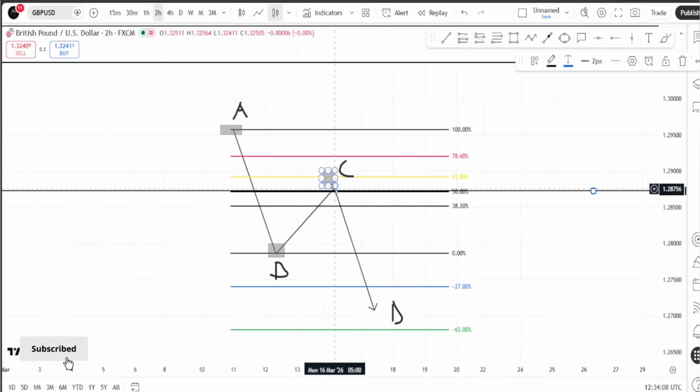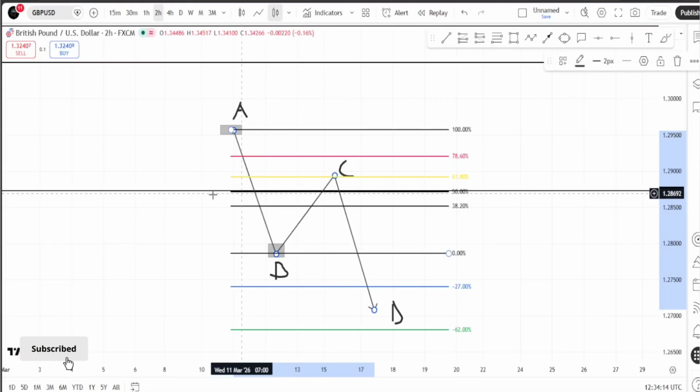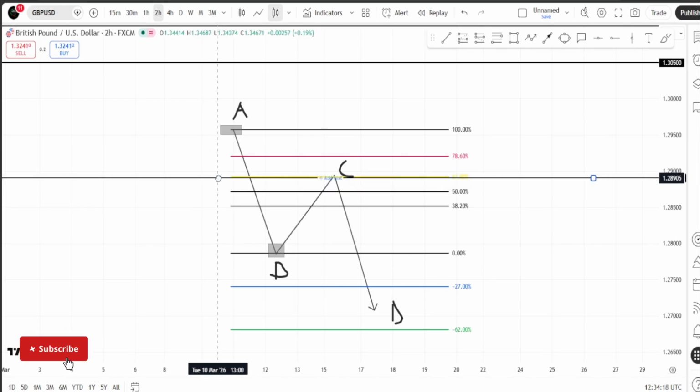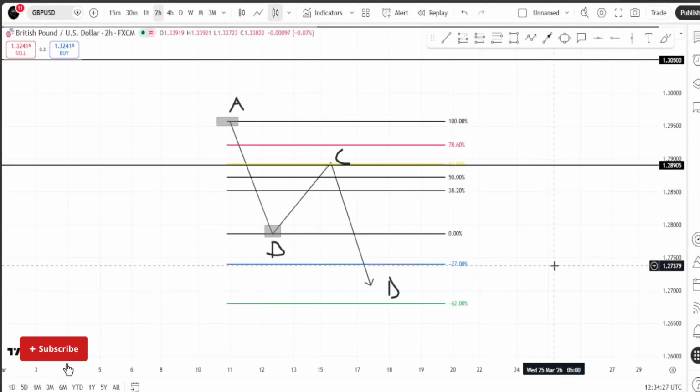And if price comes all the way to the 61% for the trade entry, then you need to make sure that there's actually a psychological level around that place to support price, because psychological levels also act as support and resistance. That is dynamic support, dynamic resistance. So you need to make sure there are psychological levels around that place before you go in for your trade entry.